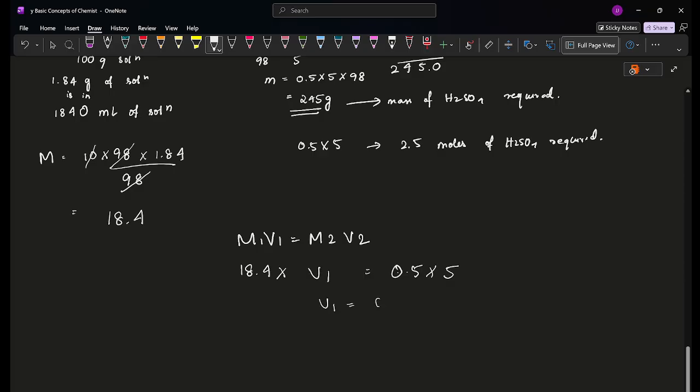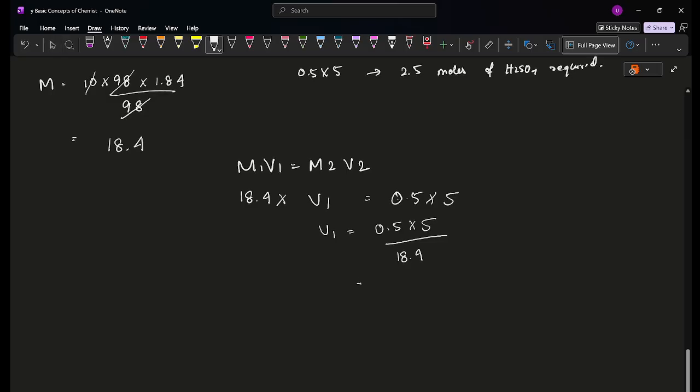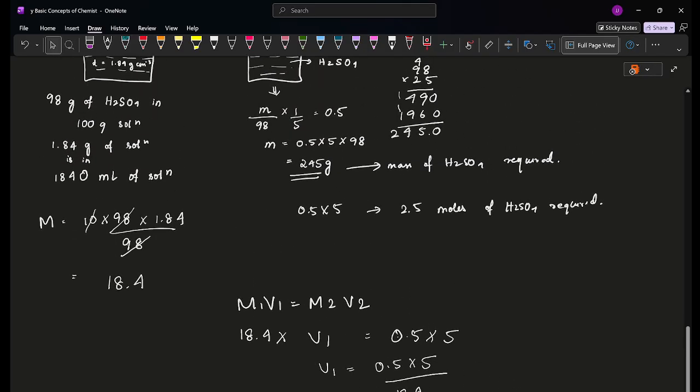So I'm assuming this is how they've done it. So this is how much, and into 10 power 3 gives it in ml, which is 136 ml or centimeter cube. So this is exactly what they've done.